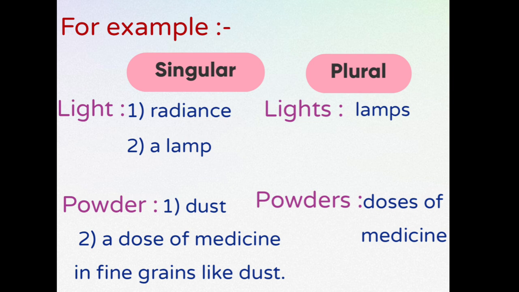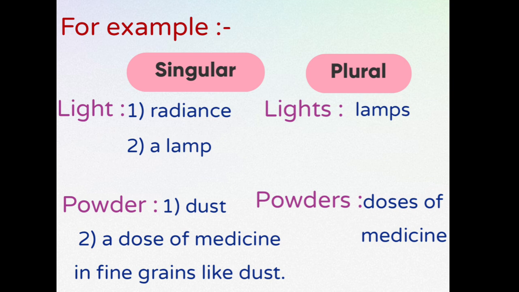In the singular form, two meanings are there. Either it is dust or a dose of medicine in fine grains like dust. But if we take its plural form, that is powders, it has only one meaning, that is doses of medicine. So you saw here how the word has two meanings in singular form, but only one meaning in plural.